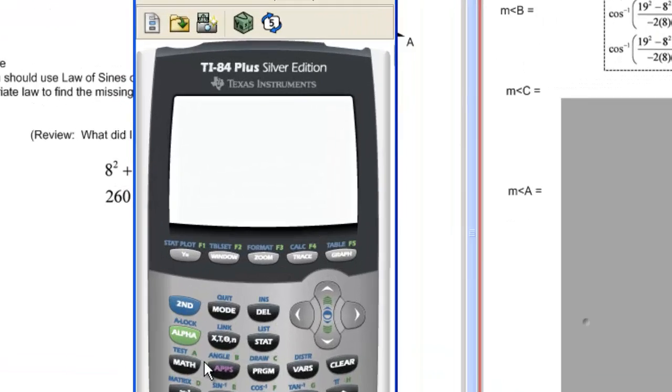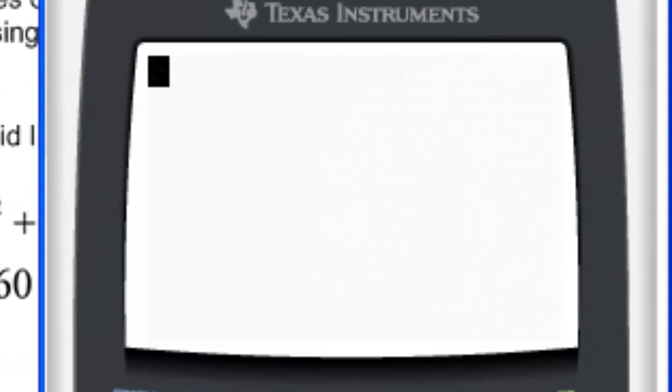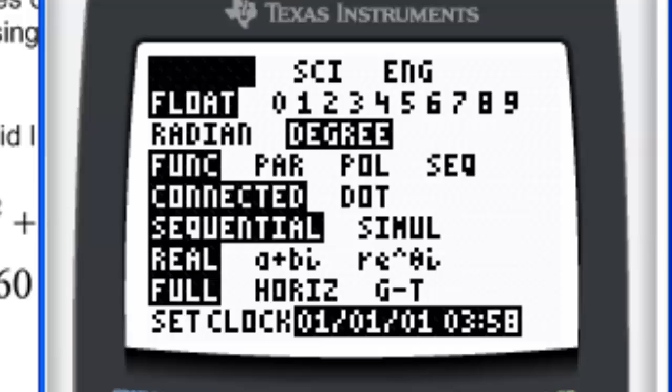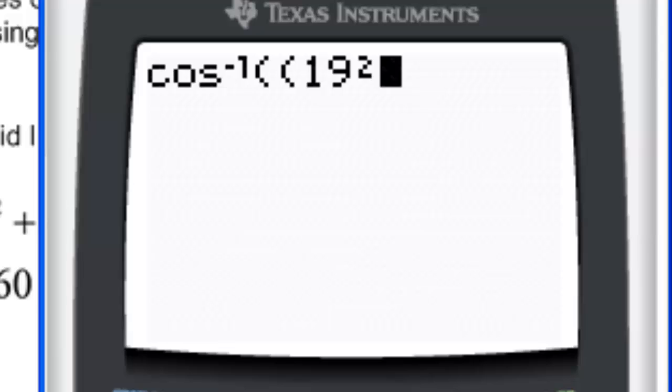So now I'm going to type that in my calculator, and I can type it in one step. I'm going to hit inverse cosine, making sure that my mode's in degree. So inverse cosine, and I'm going to put the top in its own parentheses. So 19 squared minus 8 squared minus 14 squared.